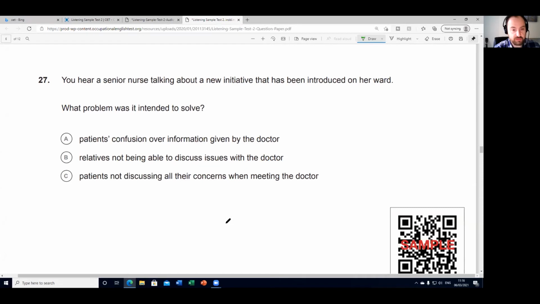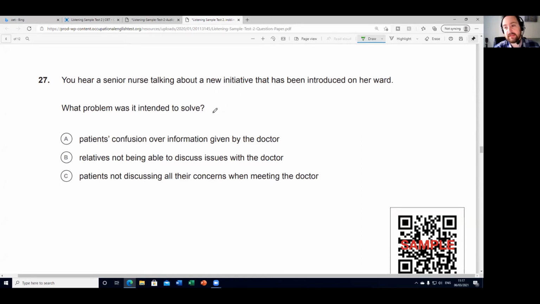Okay, and on to question 27. This is the last one we're going to do together, and then the other 3 questions you can try by yourself. So again, with our procedure, let's decide if it's testing detail or gist. You hear a senior nurse talking about a new initiative that has been introduced on her ward. What problem was it intended to solve? It's a new initiative.